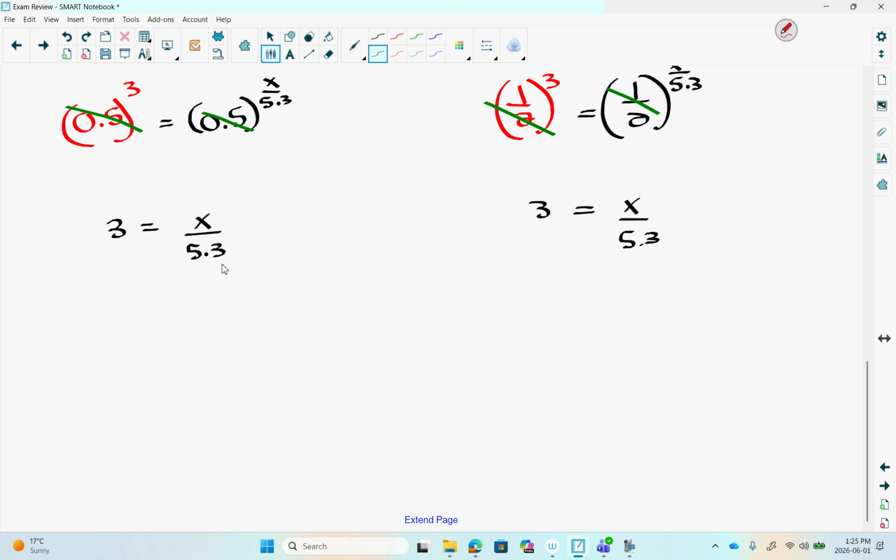How would you get rid of a divide by 5.3? Multiply both sides by 5.3. And 5.3 times 3 is 15.9. 15.9 what? What's the units on the x value?